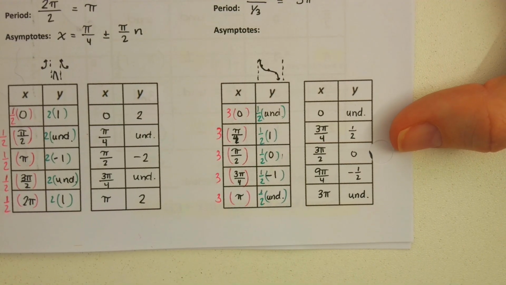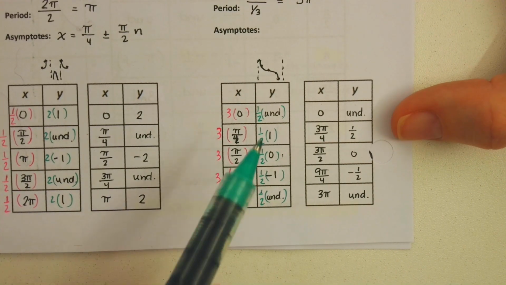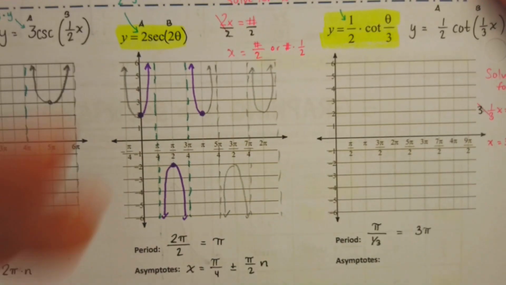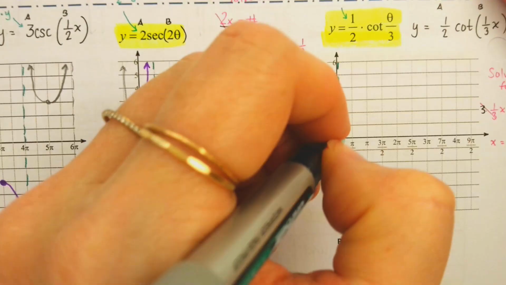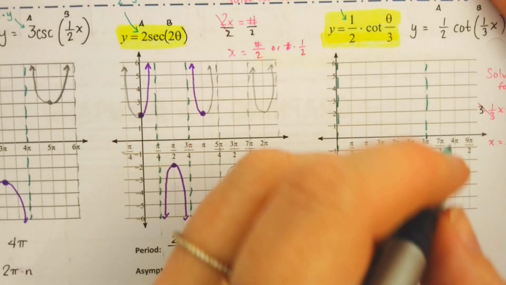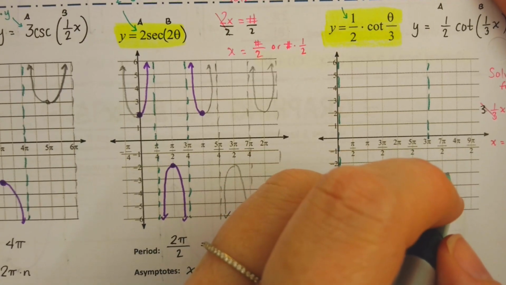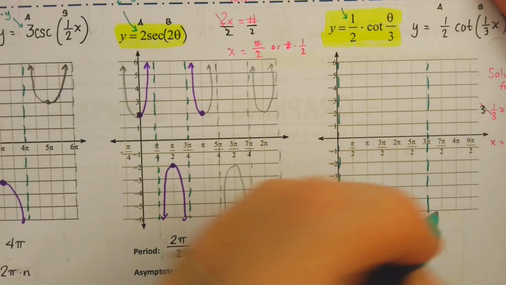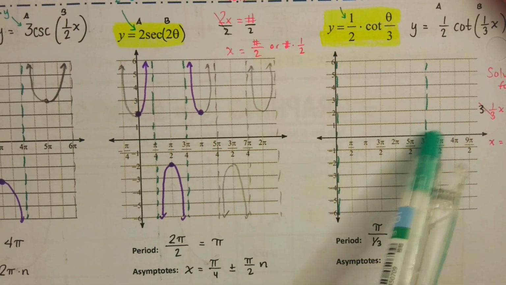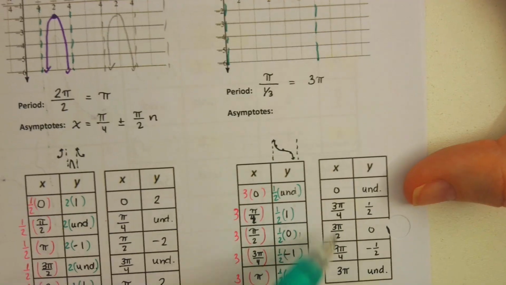So I'm going to start by drawing in the vertical asymptotes. I have one at 0 and one at 3 pi. Okay, now notice there's no pi over 4s on this graph, and we have a few that are in pi over 4s.